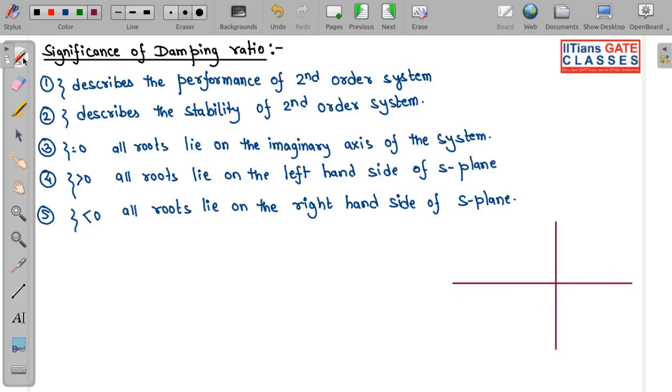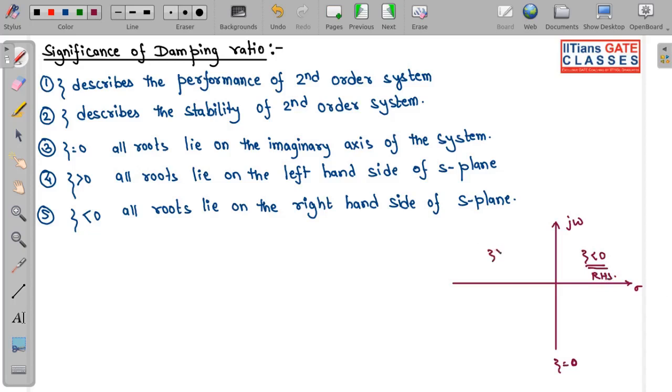If this is your S plane, and the value of zeta is 0, then the poles of the second order system will lie on the j omega axis. If zeta is less than 0, the poles will lie on the right hand side of the S plane.